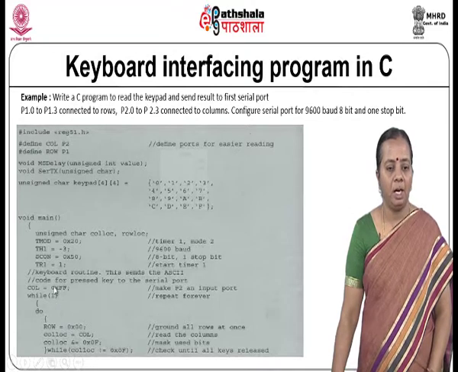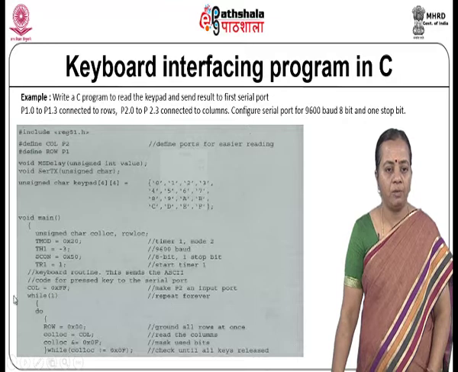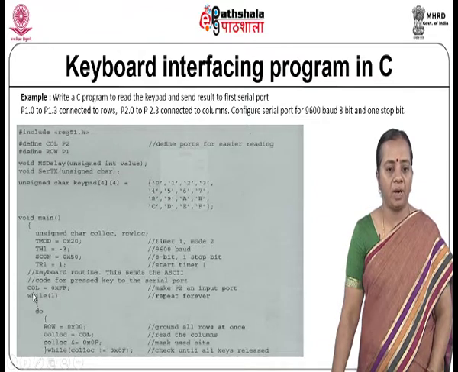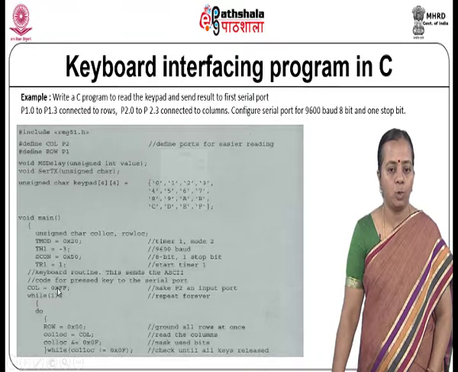After that, first we need to find out whether any key is pressed or not. First, column is made 0xFF. We have assigned this value, which means we declare that the column, the P2 port, is an input port. Then while(1) is a repeat forever loop where rows equal to 0, that means I am grounding the rows. So, 0x00 grounds all rows.